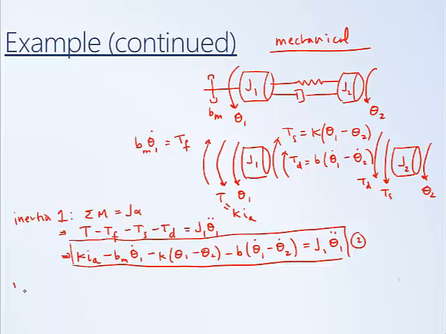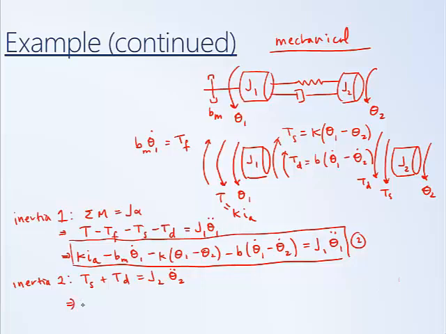And then finally, we have the equation of motion for the second inertia, where again the sum of the moments equals J alpha. In this case, the only two torques acting on the inertia are the spring torque and the damper torque. They're both pointing in the direction of positive theta 2, so they're both positive. The inertia is J sub 2, and the angular acceleration is theta sub 2 double dot.